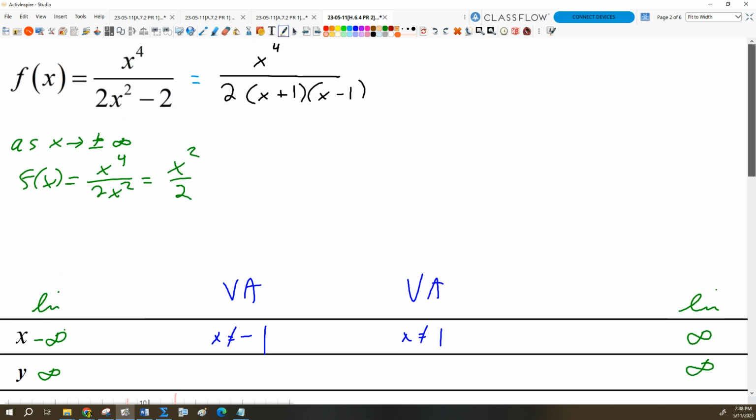Do we have any x-intercepts? Where would x-intercepts occur? Zeros of the function, but it's a rational function, meaning a fractional function. So where are fractions equal to 0? Where the numerator is 0 and the denominator is not, right? So where's the x value that makes the numerator 0 but the denominator not 0?